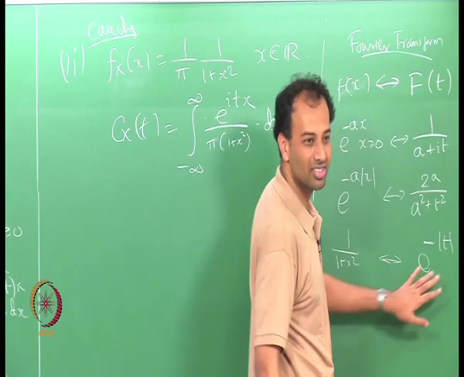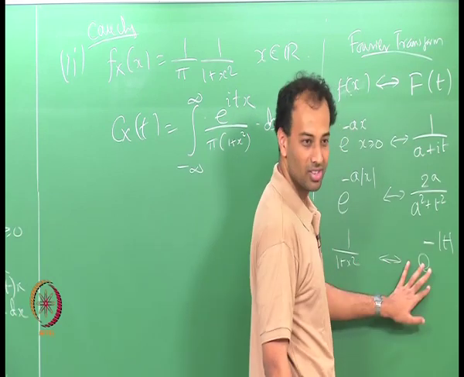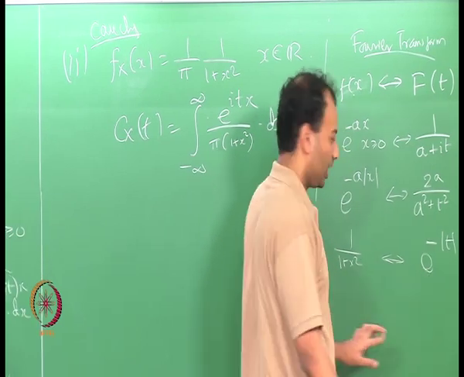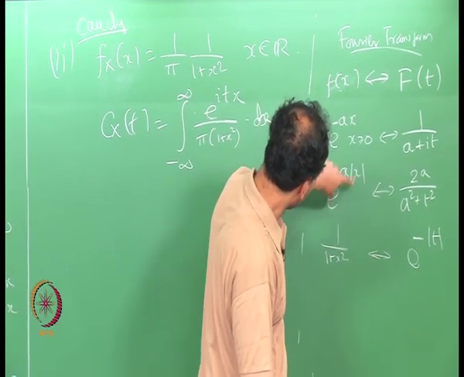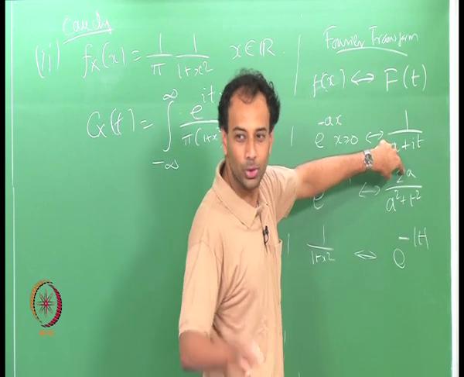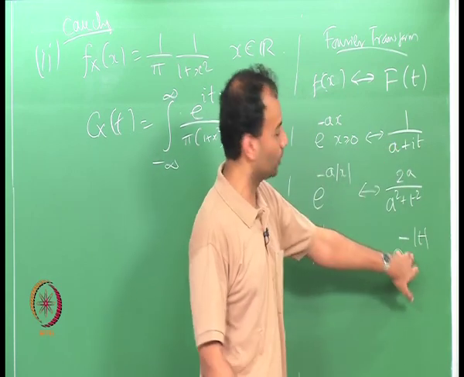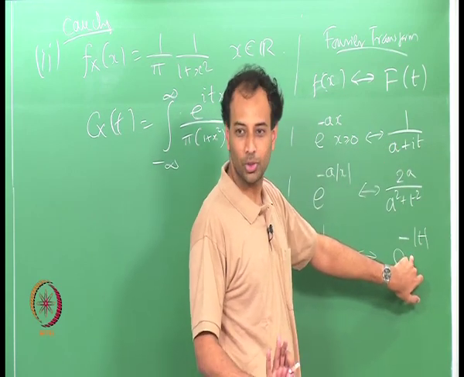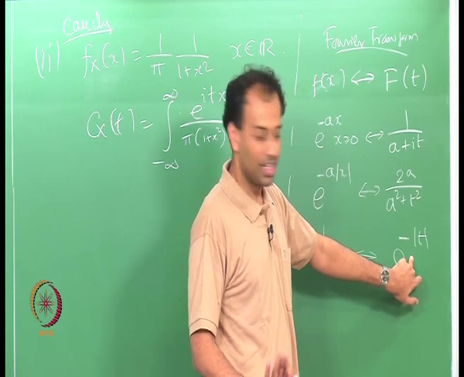I am surely missing some constants here, but I do not really care about it. I am just saying that if you are given a function that looks like the transform, you use duality and say that the transform should look like this.